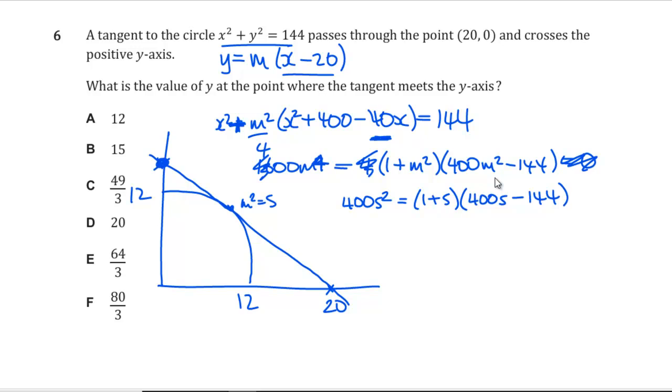Okay, so that is 400s squared equals, oh, that's nice. I've got the 400s squared is going to cancel, isn't it? So 400s plus 400s squared minus 144 minus 144s. Right, so they go away.